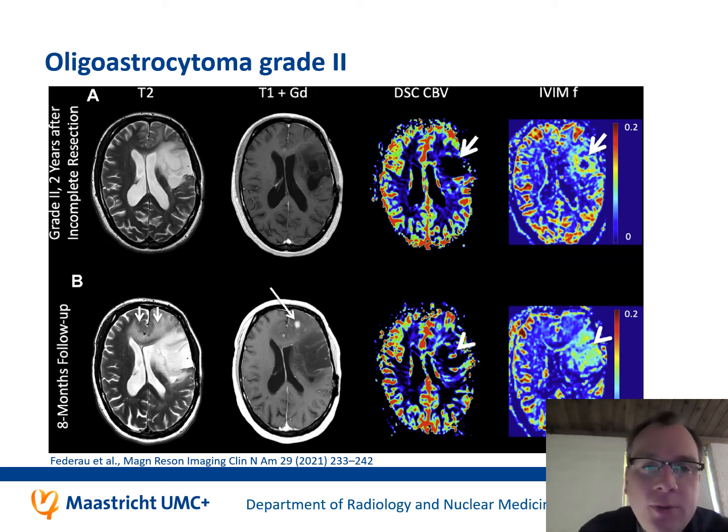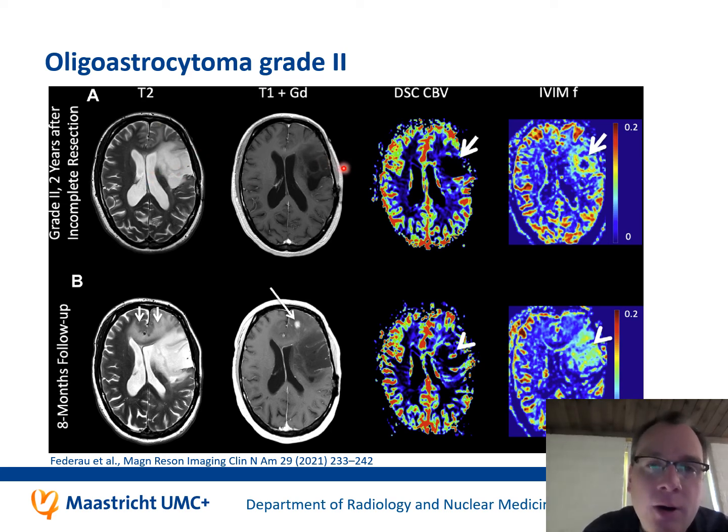On this slide, we see some images from a patient with an oligoastrocytoma, again from Christian Federer. It's a grade 2, and we start on the top. This is 2 years after the resection, which was incomplete. You see a hyperintense signal on the T2 weighted.